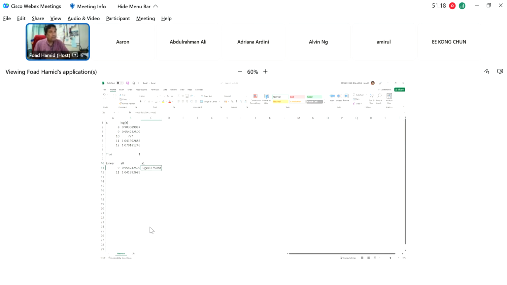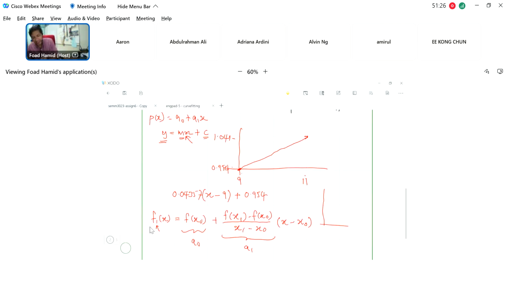This is my a1. But note that it shifted in axis. So instead of 0 and 0 here, it is not 0 and 0 anymore, but it is 9 and 0.954. But the slope will be the same anyway.